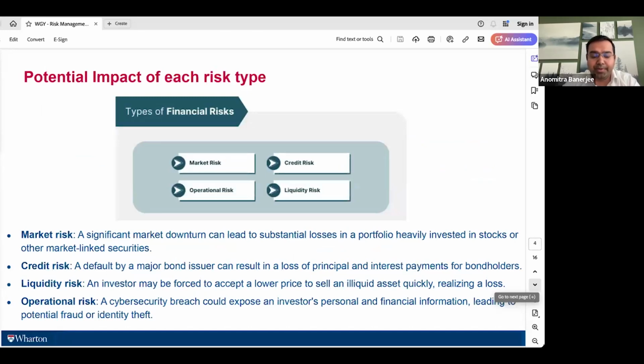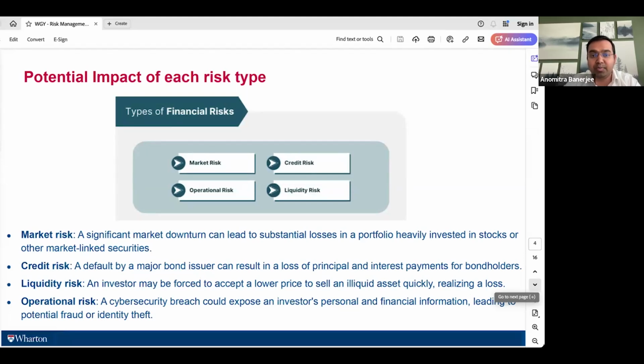So when we talk about these financial risks, let's think about the potential impact that each of these risks can have on your portfolio, right? Say market risk. Well, a significant market downturn can absolutely erode your profits, right? It can put you into losses, can get you on the red side of things, right?